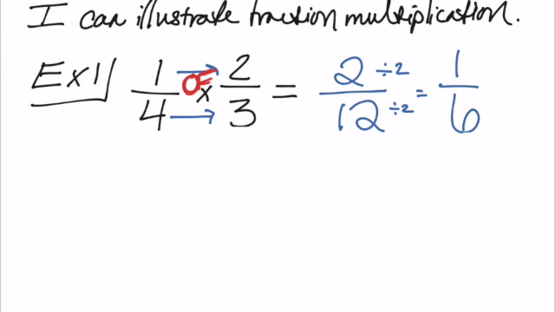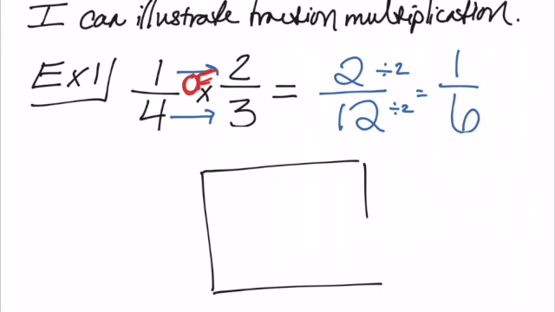So how can you easily show fraction multiplication in a picture, in a diagram, if you're ever asked to? Well, here's what you would do. We're going to go back with our original problem here, 1/4 times 2/3. Draw a box. It doesn't have to be perfect. Put the first fraction on this side of the box, put the second fraction on the bottom of the box.